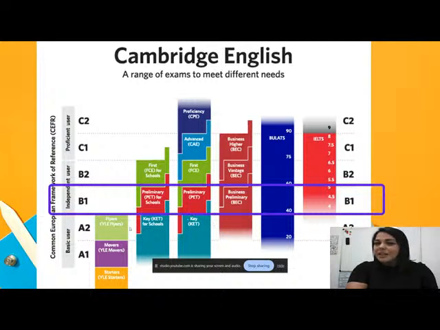I believe this exam is sort of being replaced by LinguaSkill, but we'll maybe talk about that in a future video. Okay. And you can see how these exams compare to the other exams like BULAT and the IELTS. Okay, Cambridge B1, we would put approximately between a 4 and a 5 at IELTS.